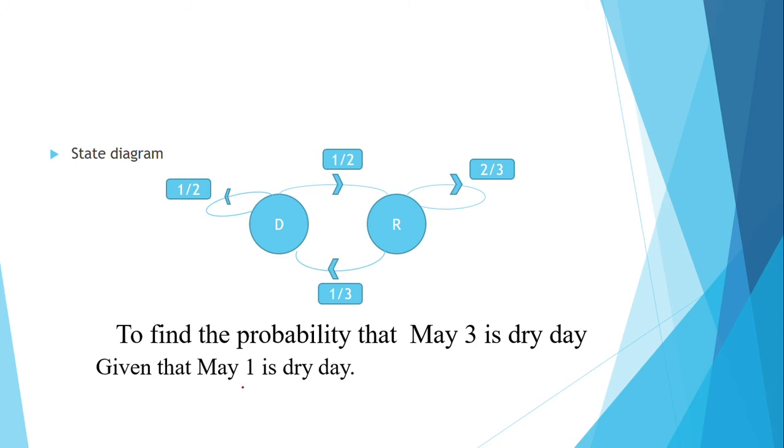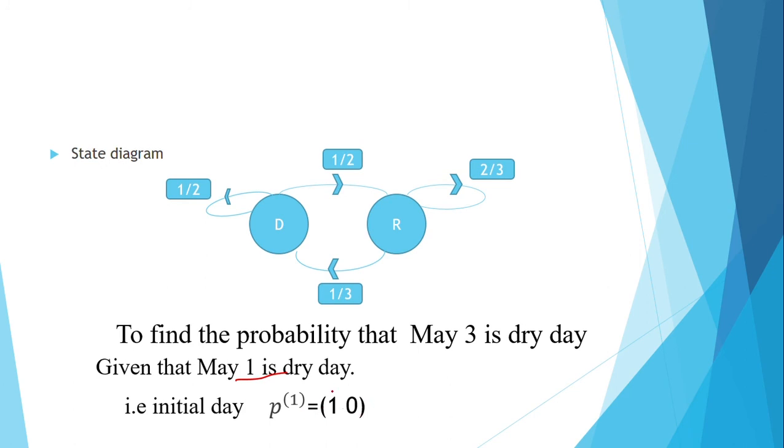with respect to the given condition that May 1 is a dry day, you can write the initial probability distribution of the process. May 1 is the initial day. So the initial probability of the process, P of 1, is the row vector 1 0.